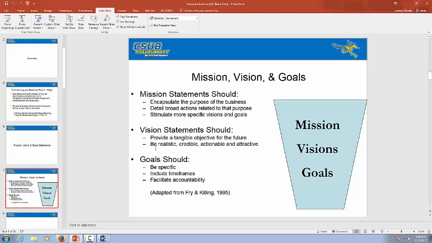So it's got to have a deadline, and it's got to have a dollar amount to it. You want your goals to be very specific in that regard. And often the mission vision goals come on like page 2 of the executive summary. I just had you do 1 page, but a lot of times you'll have that on page 2 of the executive summary.